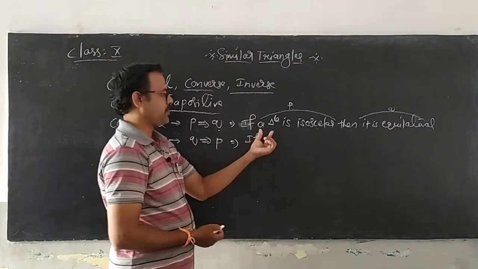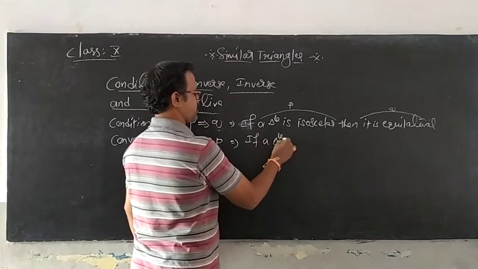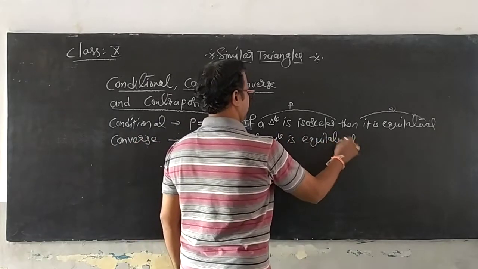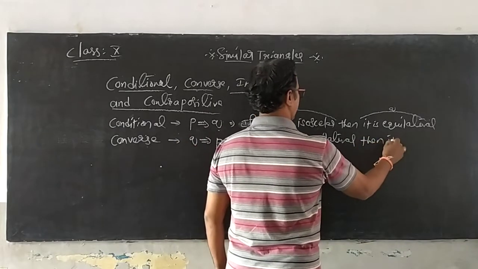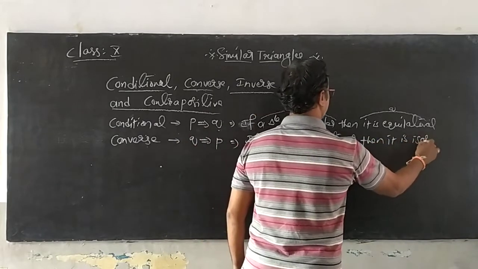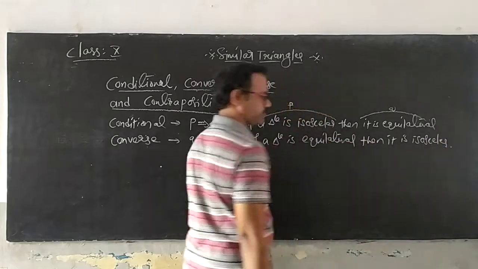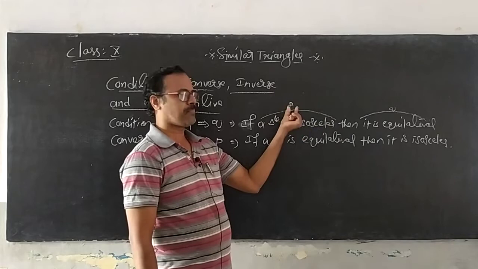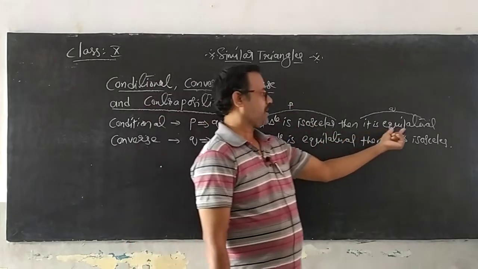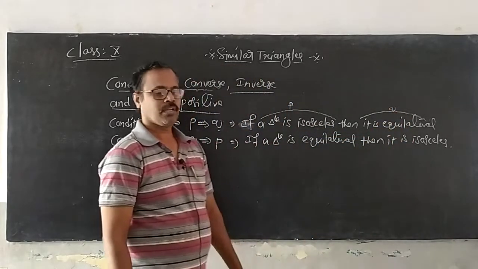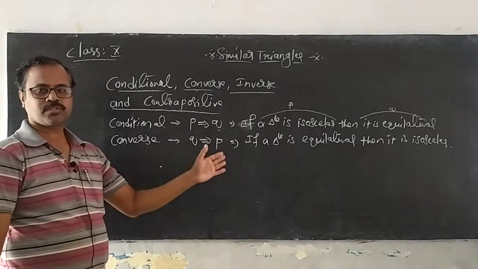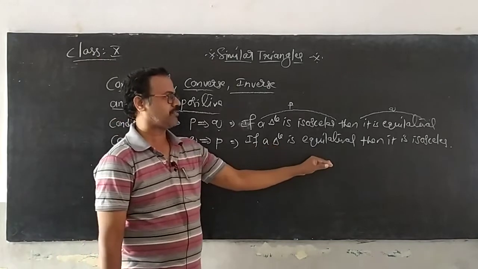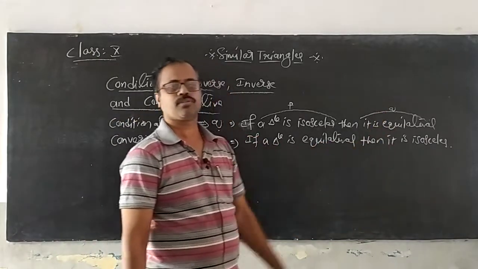So you have to mention: if a triangle is equilateral, then it is isosceles.